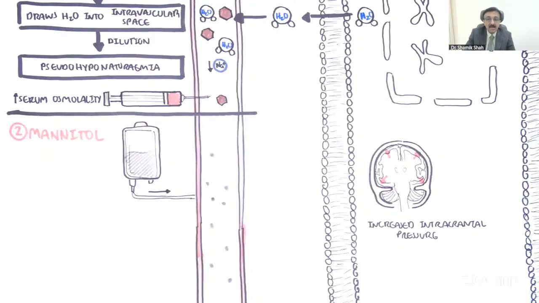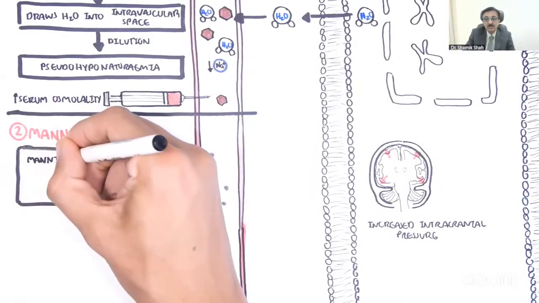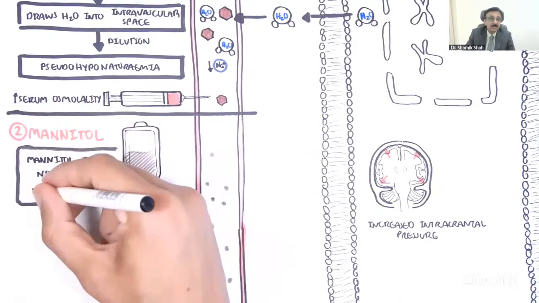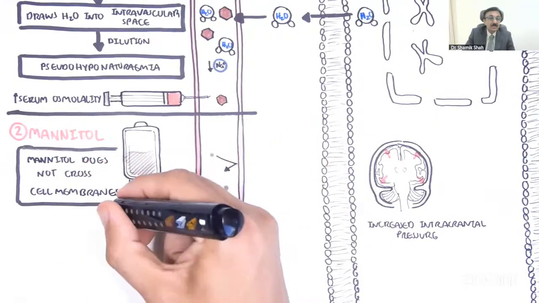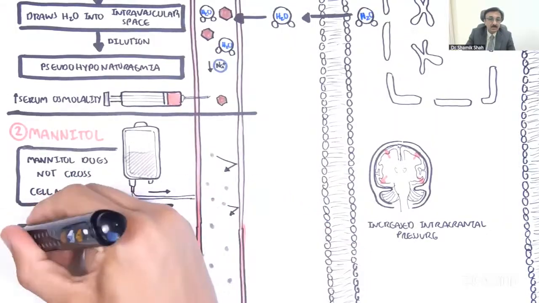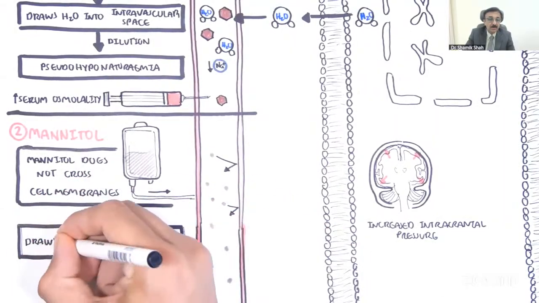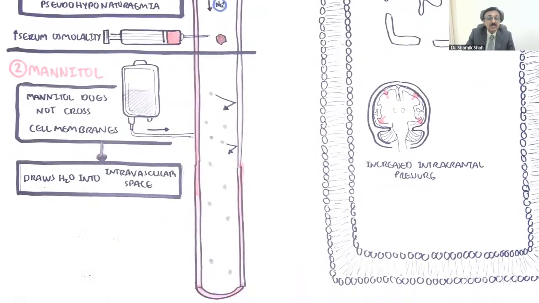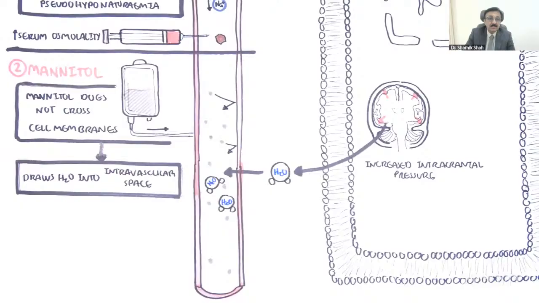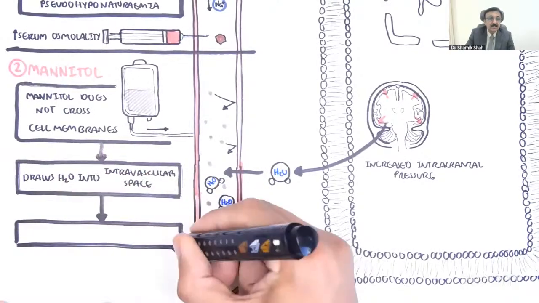The second important cause is mannitol. We know that mannitol is used mainly in raised intracranial pressure for treatment. Mannitol, we know, does not cross the cell membrane. So it stays in the intravascular compartment or inside the blood cells. And therefore, because it is an osmotically active substance, this will draw water inside the intravascular space.